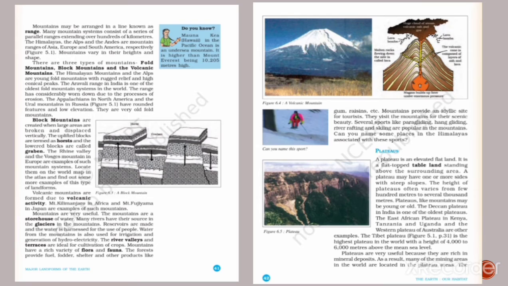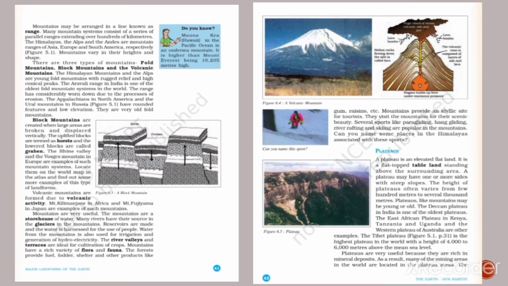As most of these mountains were formed in recent periods of geological history, they are also called young fold mountains. The Himalayas of India and the Rockies of North America are some examples. The Aravalli Range in India is one of the oldest fold mountain systems in the world.